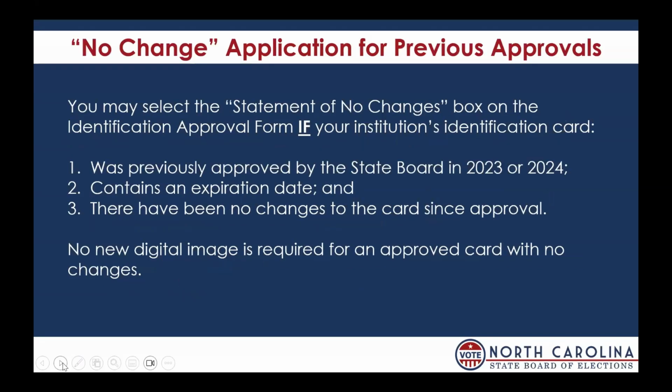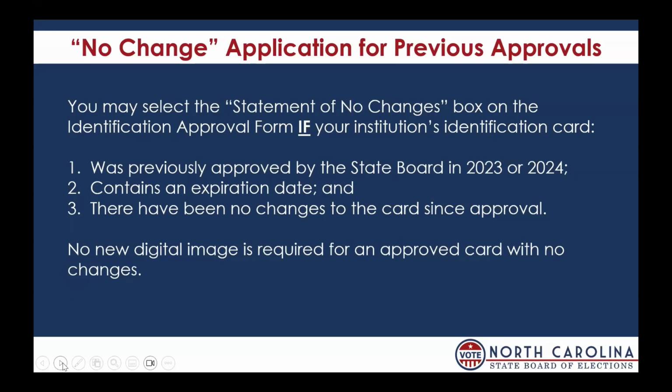Now, for a good number of the institutions on this call and institutions in North Carolina, there is a little bit of an abbreviated process that is available if you were previously approved in 2023 and 2024. And we kind of refer to this as the no change form process. So it is the same form, but there is a box on the form that says no changes.